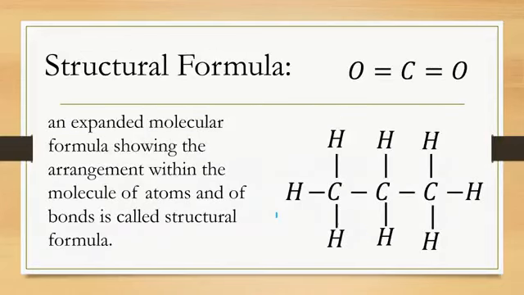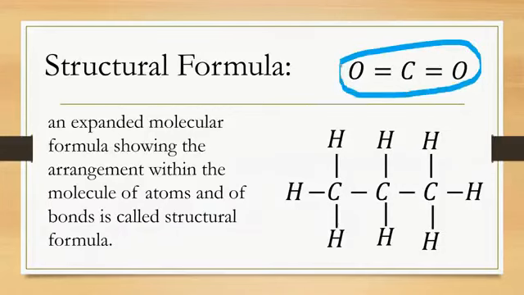Structural formula. An expanded molecular formula showing the arrangement of atoms and bonds within the molecules is called a structural formula. For example, this is the structural formula of carbon dioxide, where a carbon atom combines with an oxygen atom by a double bond and another oxygen atom combines with the carbon atom with a double bond.